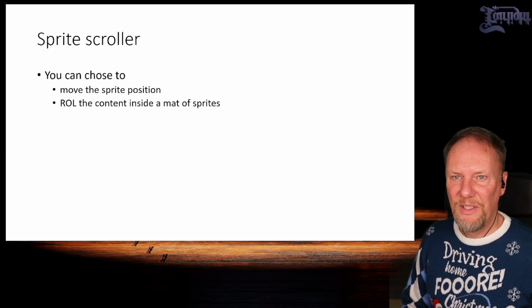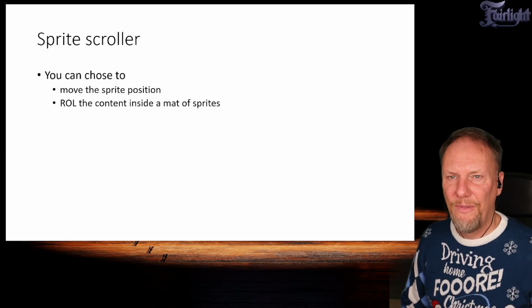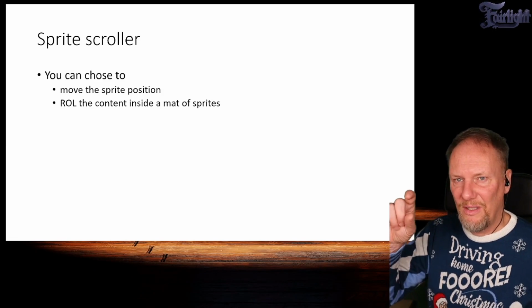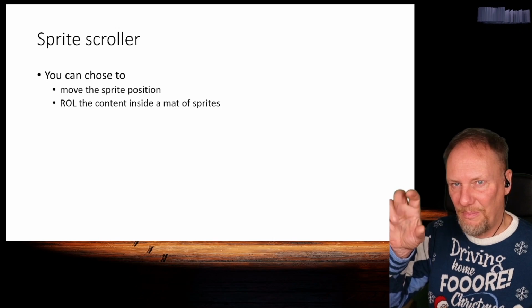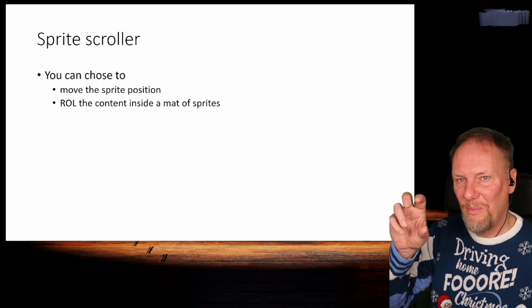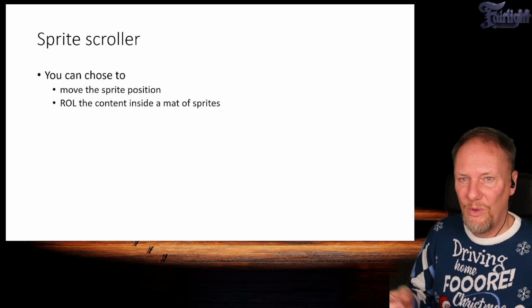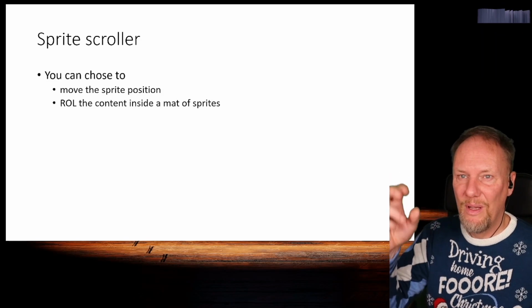A sprite scroller is an easy thing. You can do it two ways. The first option would be to have a sprite that has the shape of a character, and you set it, and then you move that as you would in a game where you move the main character.